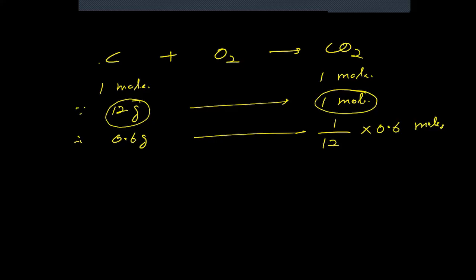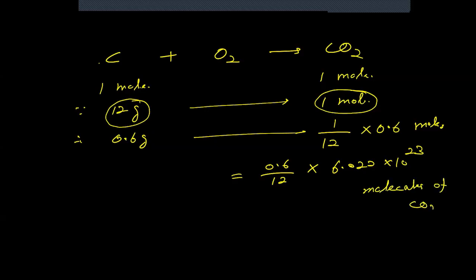And these moles I can convert to molecules. It will be 0.6 divided by 12 into 6.022 into 10 to the power 23 molecules of carbon dioxide. Moles to molecules, moles to particles, you need to just multiply by Na.